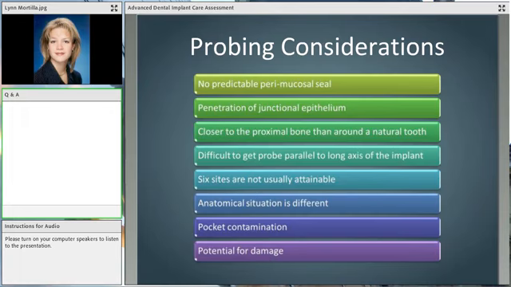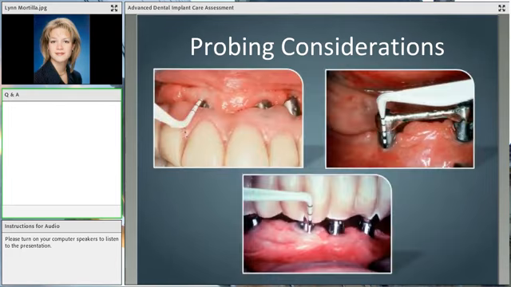And if you penetrate this junctional epithelium, it takes about 7 days for the tissue to reform, but it will reform. We know that it leaves us closer to proximal bone than we want to be. And sometimes it's very difficult to get parallelism to the long axis of the probe, and we can't get all of the sites that we want to attain. So it's for these reasons that we want to be very careful in our probing technique.